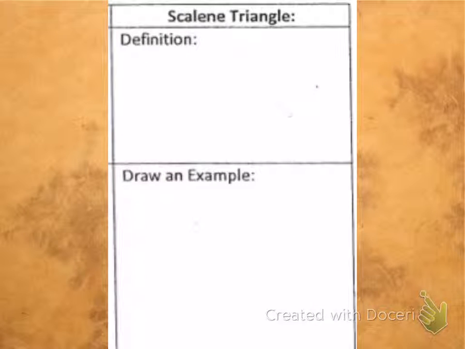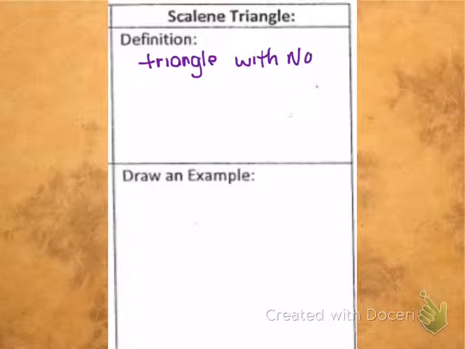The next kind of side classification is a scalene triangle, and that is a triangle where it has three different sides. So a triangle with no congruent sides, it's that symbol for congruent, and as a consequence it will have no congruent angles.